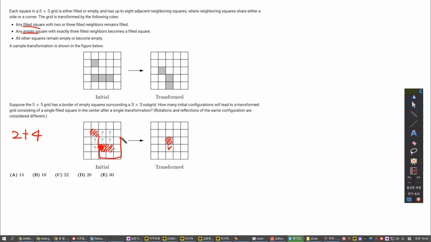And this one too, this filled square will be empty because it has only one filled neighbor. So this configuration is okay. And if this works, this will work too. So for this corner, we have these 2 configurations, and we can rotate this.